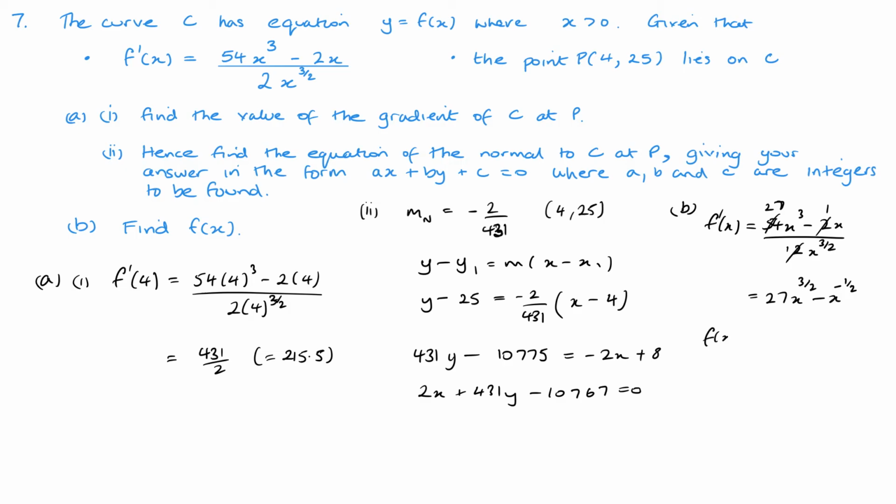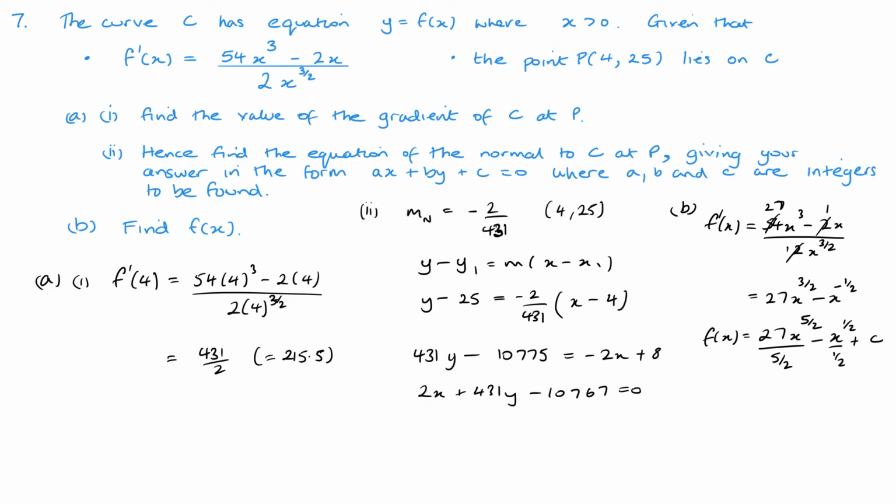Now integrating, so 27x to the 5 over 2, adding my 1 and dividing by that, minus x to the 1/2 divided by 1/2, and then plus c. Just trying to squeeze it in at the end there.